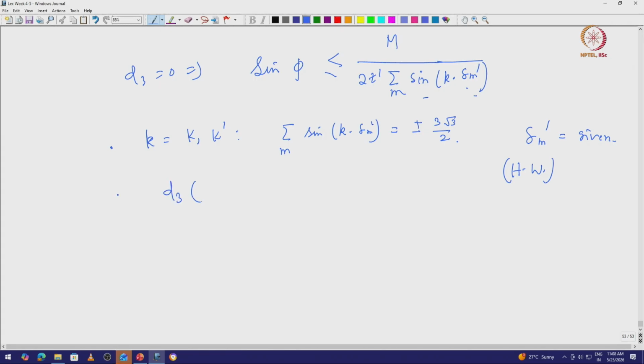So d3 around k is equal to m plus 3 root 3 t prime sin phi, and d3 at k prime is equal to m minus 3 root 3 t prime sin phi.